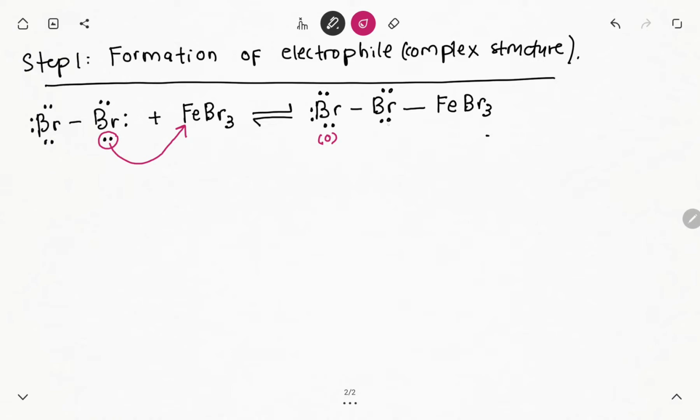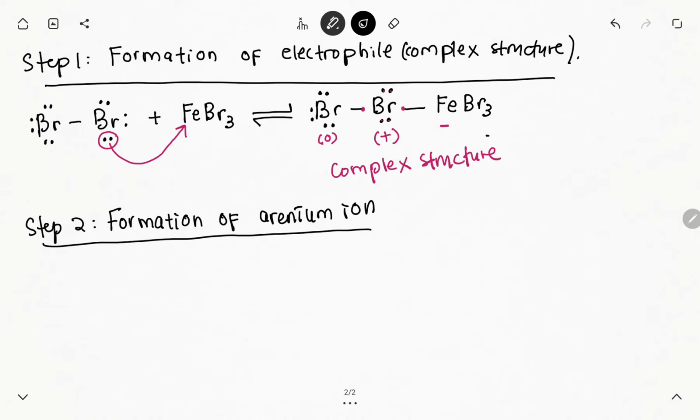Second bromine atom: the valence electrons are 7 minus 1, 2, 3, 4, 5, 6, so the formal charge becomes positive 1. The Fe atom accepts another electron, and its formal charge becomes negative. Therefore this is labeled as a complex structure.